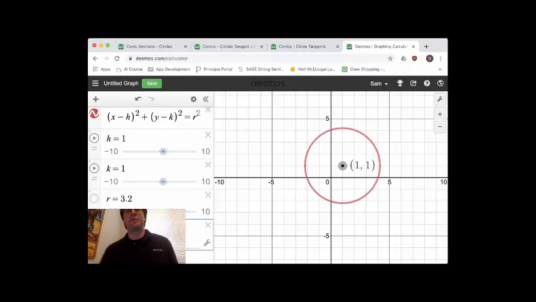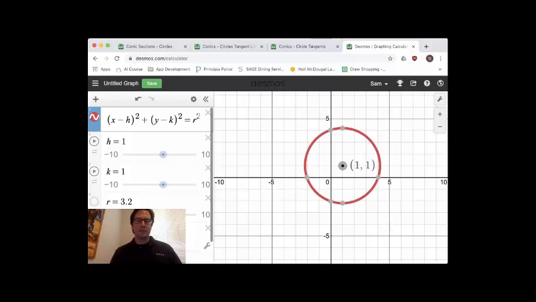So we're still asking for all the points that are equidistant from this center. In this case, the center is now 1, 1. So that's how we move the circle around.